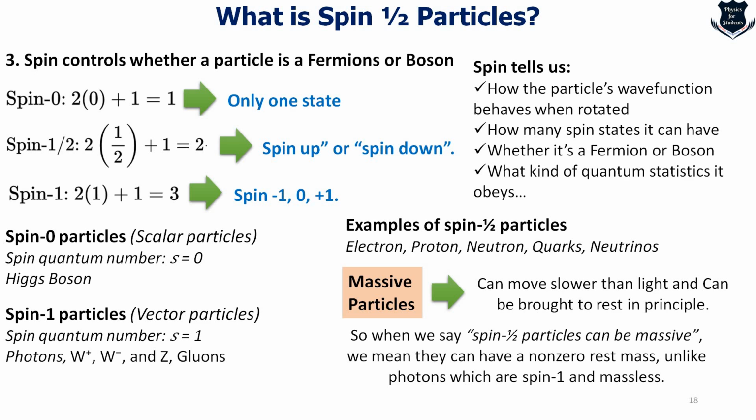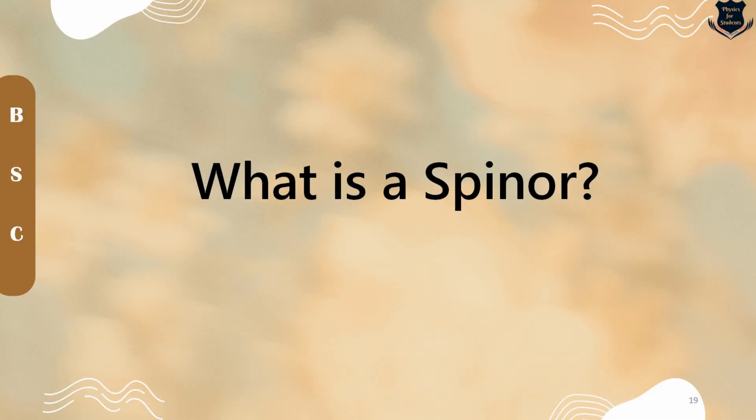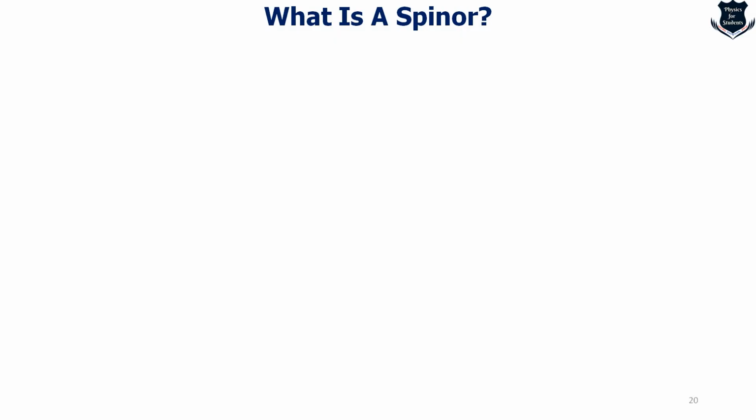Measuring the spin half particles was not an easy task, and it was not done by Erwin Schrodinger or the classical wave equation. In order to do that, we need to understand a very important but tricky concept in theoretical physics. What is a spinor? Spinor is something very counterintuitive, and it is very important in understanding the Dirac equation.